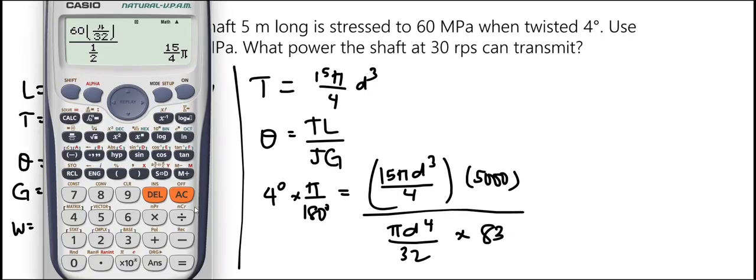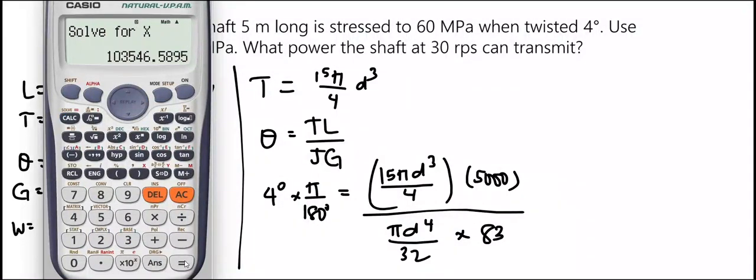And we can now solve for the diameter. We have 4 times pi over 180 equals 15 pi d raised to the 3rd power over 4 times 5,000, all over pi d raised to the 4th power divided by 32 times 83.